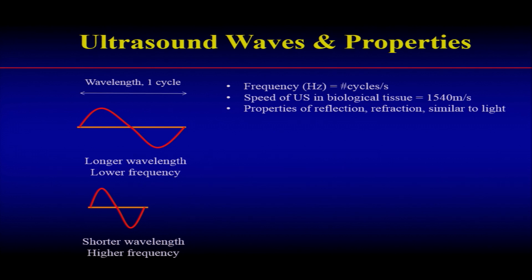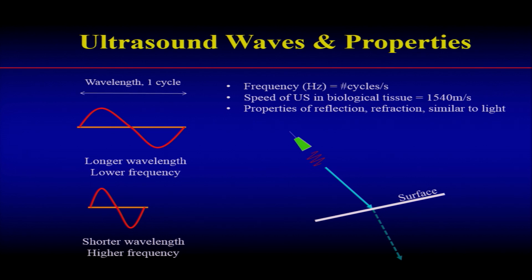So when we talk about transducers emitting certain frequency sounds, you say high frequency, low frequency, and with that also goes resolution, penetration, energy, and so many other things, right? And that's why we have to think about those. Now, interestingly enough, the properties of ultrasound are similar to light. If I send a little packet of waves, it's going to hit a certain surface, and depending on the properties of that surface, some of it is reflected.